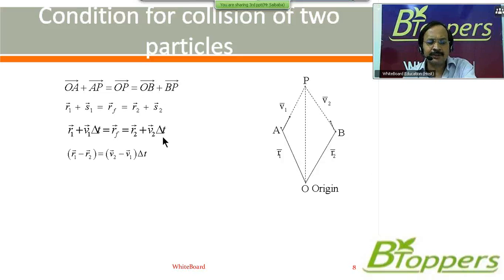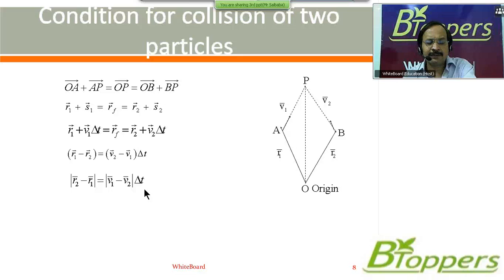So from the same equations, considering the first and last of the equations, you can write R1 bar minus R2 bar equal to V2 bar minus V1 bar into delta t. If you take modulus on both sides, mod of R2 bar minus R1 bar equal to mod of V1 bar minus V2 bar into delta t.